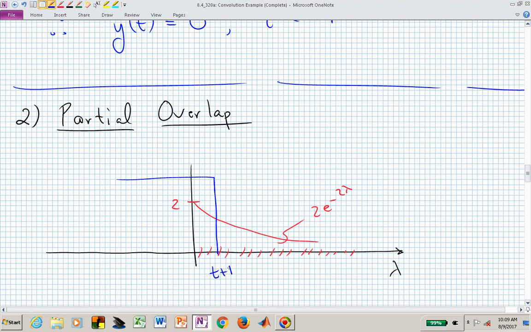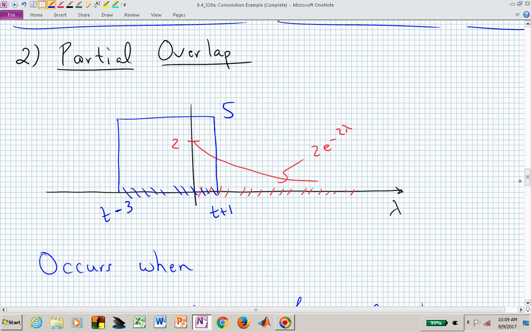The unique pattern now, as long as we have this picture in mind, says that t plus 1 now needs to bump up bigger than 0. So this overlap pattern occurs when t plus 1 is bigger than 0, and we need t minus 3, the left-hand side of x of t minus lambda, to remain less than 0.